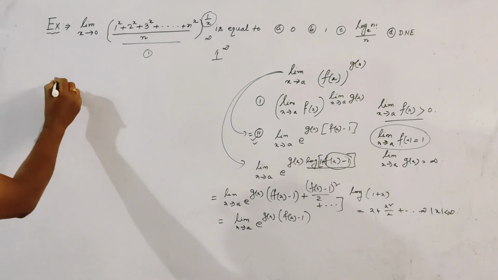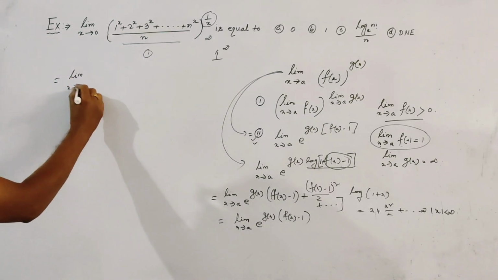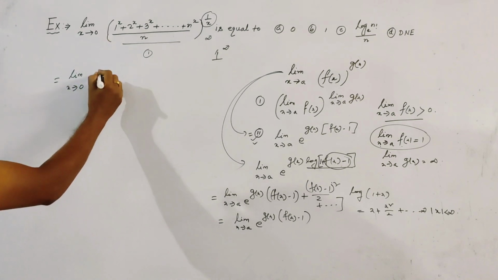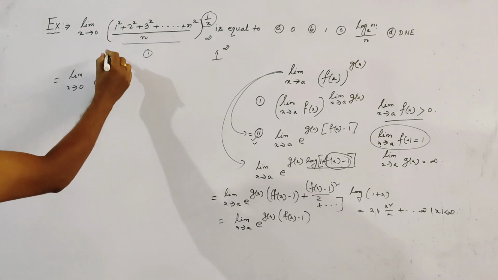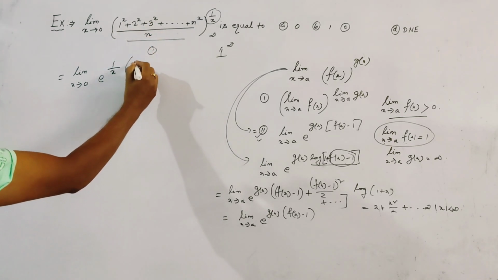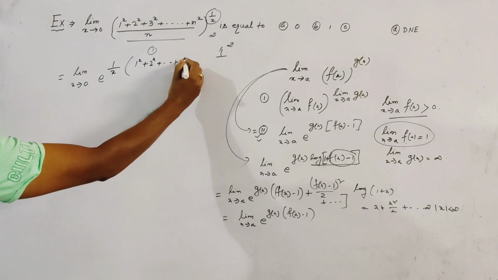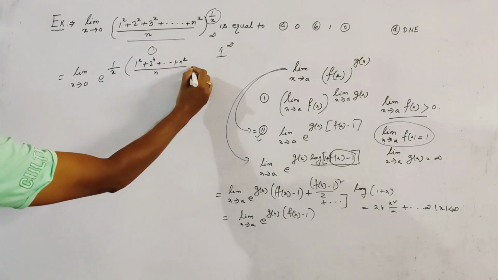This is given by limit x tends to 0 of e to the power 1 by x into (f(x) minus 1), which is e to the power 1 by x into ((1 to the power x plus 2 to the power x plus, and so on, plus n to the power x) by n minus 1).